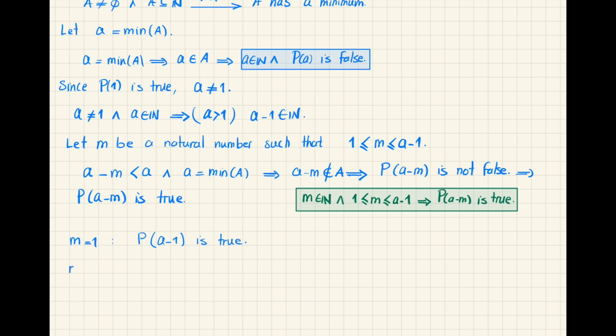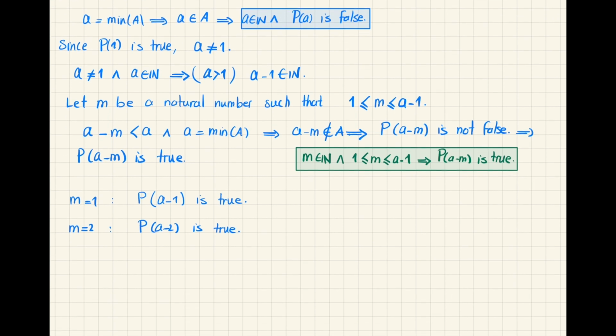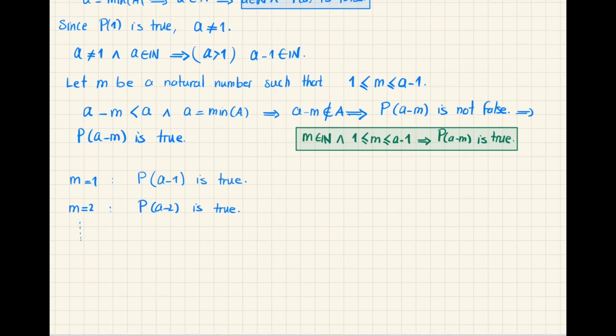Let me choose M equal to 2. This means that P of A minus 2 is true. Okay, and then let me continue, for example, let me choose M equal to A minus 2. Then this means that P of A minus (A minus 2), which is actually P of 2, is true.